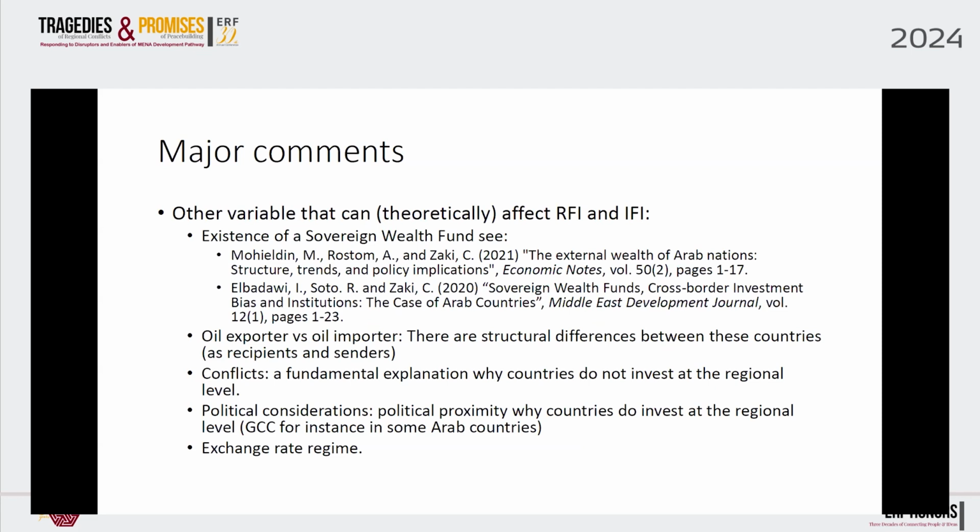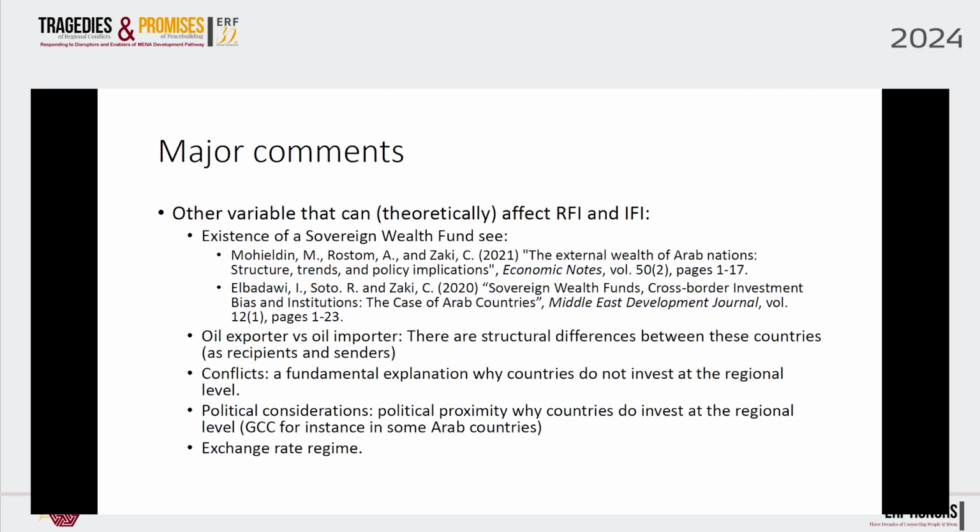Those variables are first the existence of a sovereign wealth fund, because now we have a lot of financial flows taking place through sovereign wealth funds. And this you can construct without any problem for the regional level, okay?